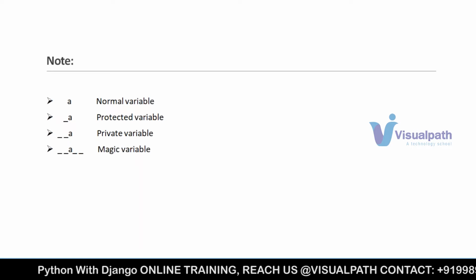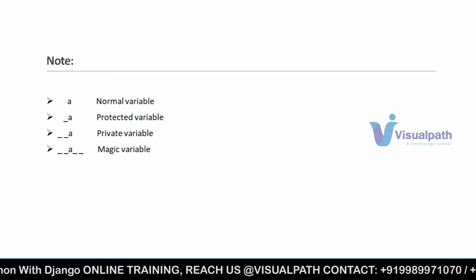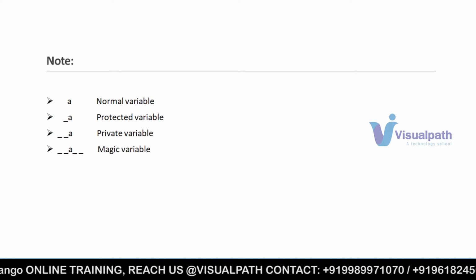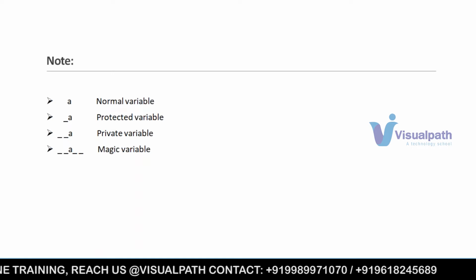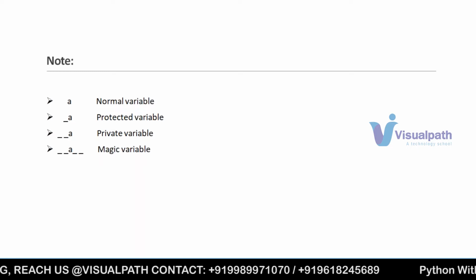If you are a fresher, the interviewer may ask, by defining underscore a equal to 10, it is perfectly valid, but it carries some special meaning. So we should not simply create any variable by starting with underscore.